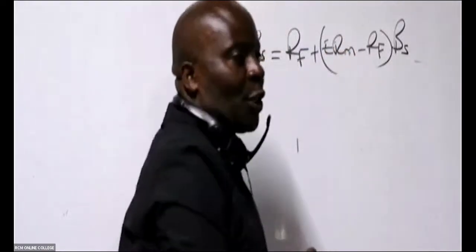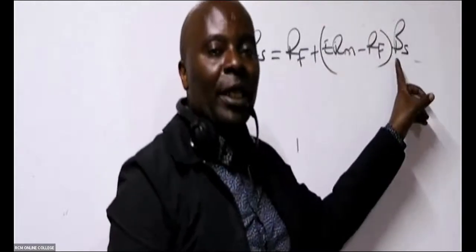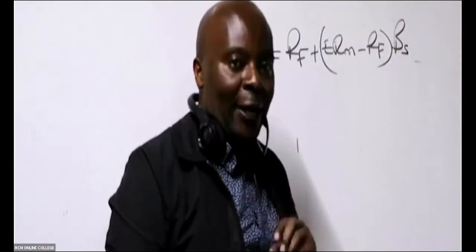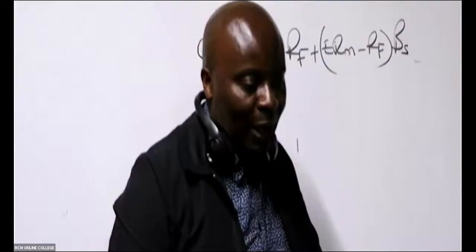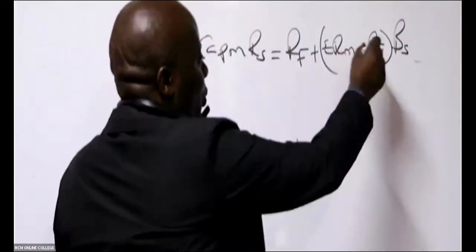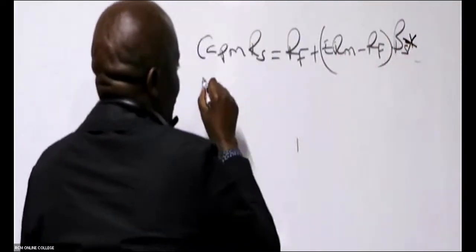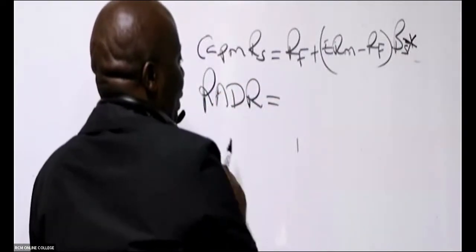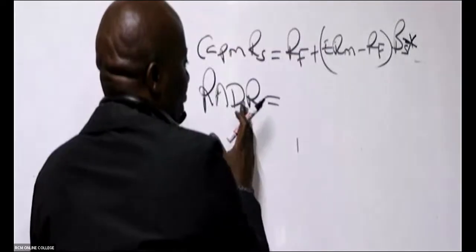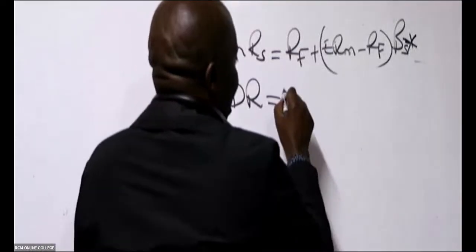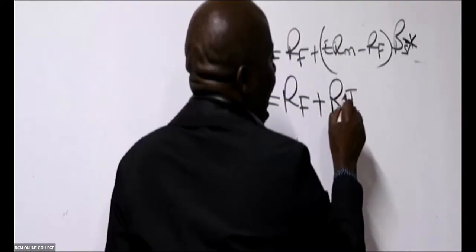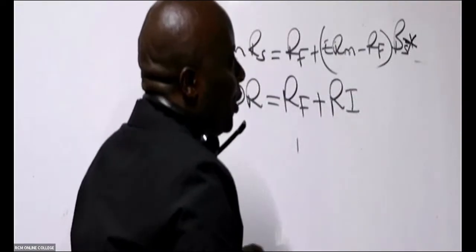Because of the risk premium, we must multiply outside here with what we call the risk index, which in this case is what we are calling beta. Remember that your examiner has not told you to use CAPM, but has just written for you a formula you can use to get RADR, the risk-adjusted discount rate, which is risk-free plus capital RI, the risk index, which is the same as this beta.